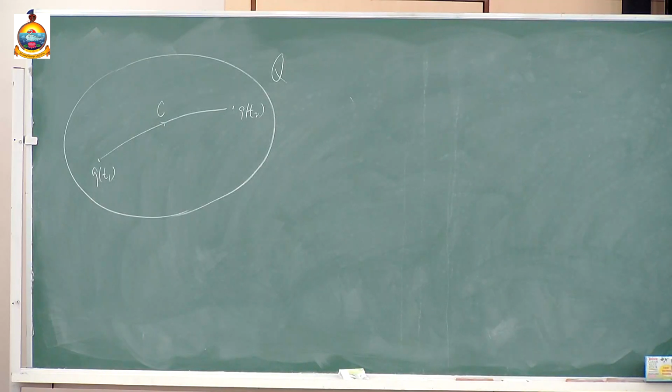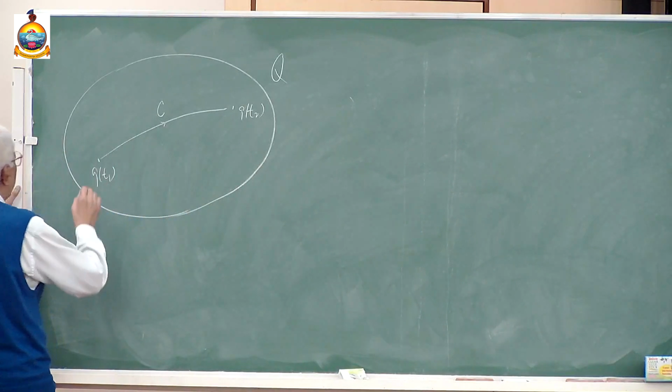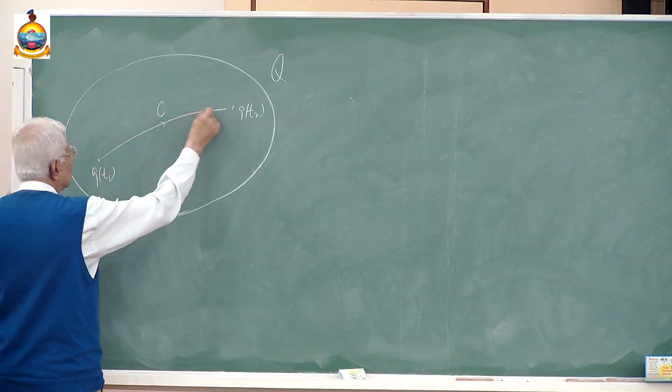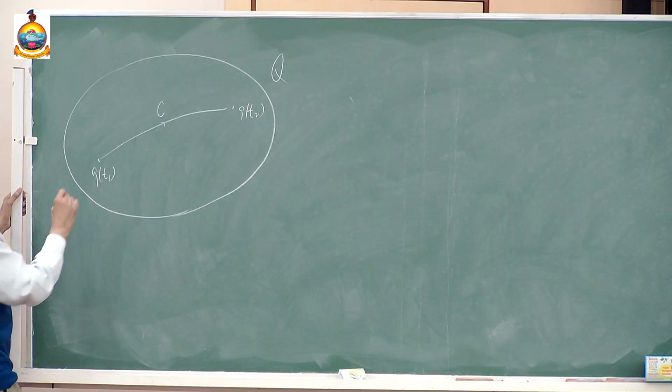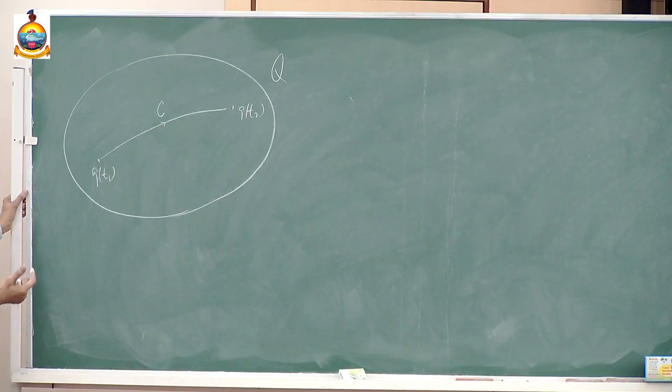So, the problem is the following. Instead of describing the motion of the system by differential equations, we ask the question in this way. Is there a principle which will allow you to say, out of all the paths C that you can imagine, which one is it that is actually picked out by the equations of motion?